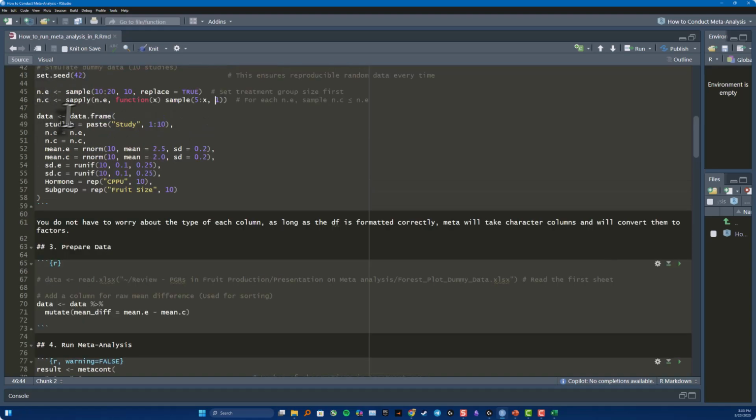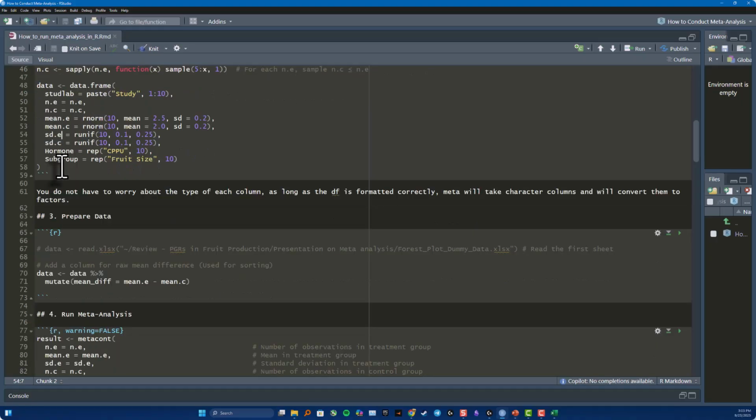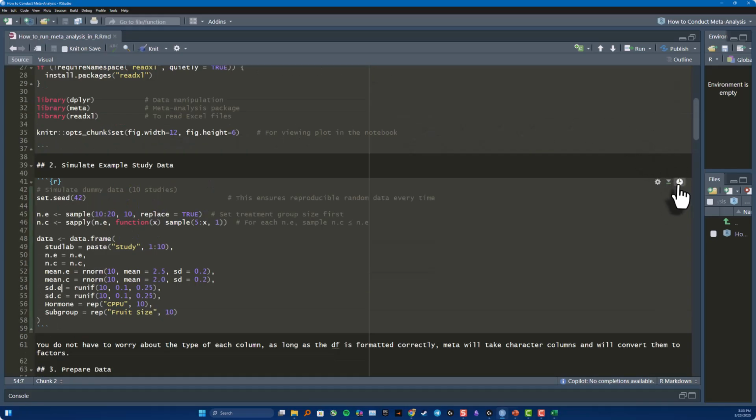The data here, I'm forming a data frame that just has the study name pasted between study 1 and 10. I'm inputting the 2 different numbers of observations, and I'm computing randomized means within a normal distribution. Same thing with the standard deviations, and I'm giving myself a hormone and subgroup classification based off of the paper names. So I'm going to run this.